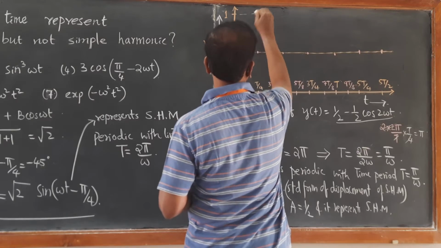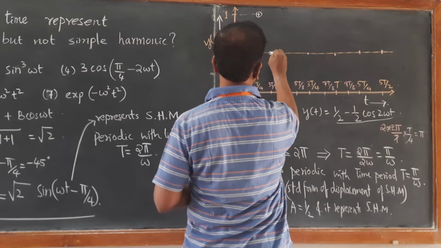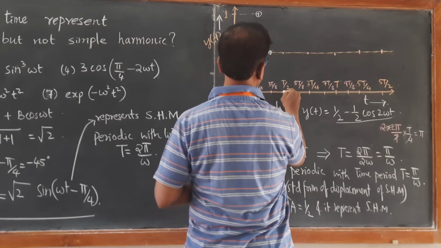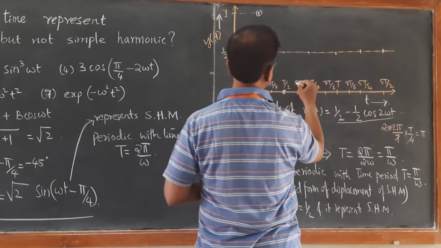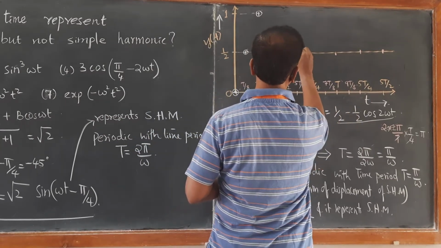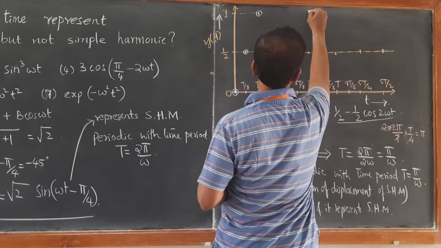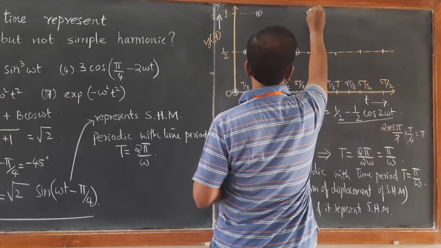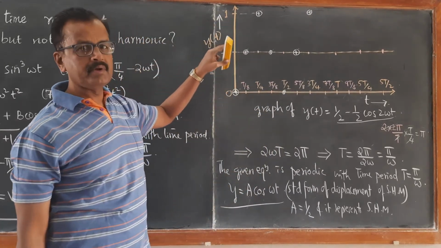So in this way, if you go on repeating, you will get a very interesting graph which is symmetric about this half. And if you go on marking, you get an interesting graph which will be varying between 1 and 0, not between 1 and minus 1.